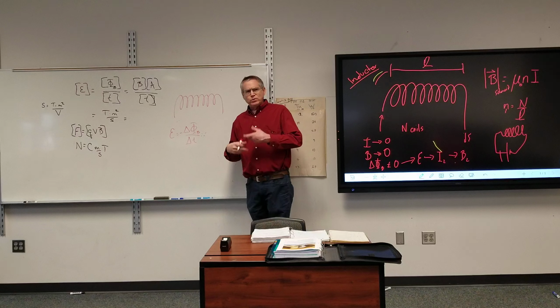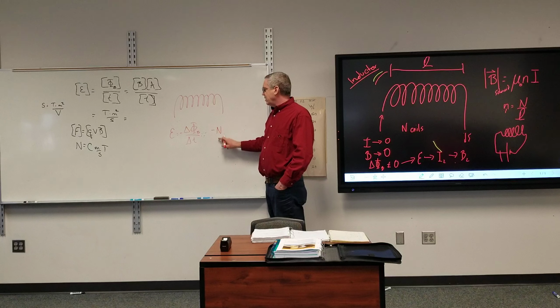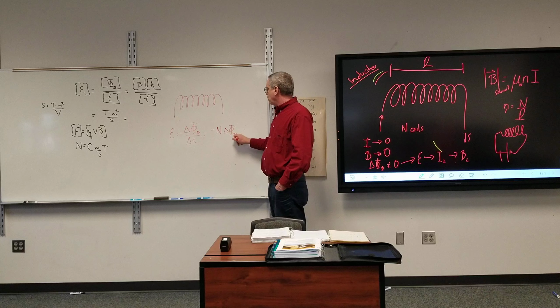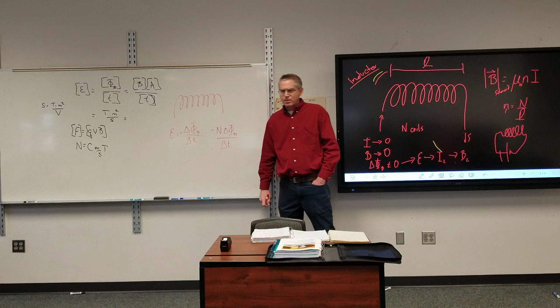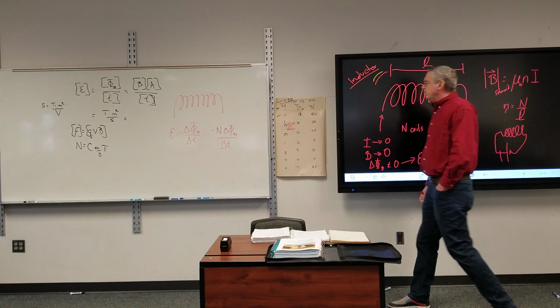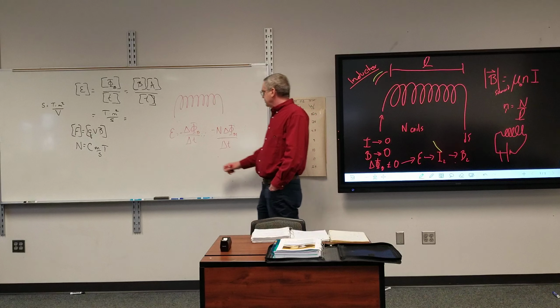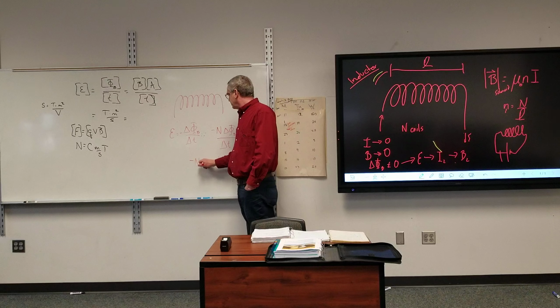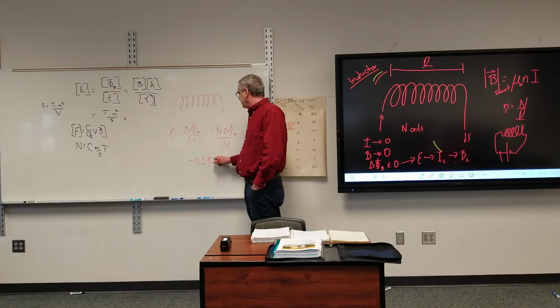I want to break it down to a single coil. So that's going to be equal to negative the number of coils times the change in the magnetic flux for one coil, so I'll put a little 1 right there, over delta time. I know that the magnetic flux is B times A, B dot A.